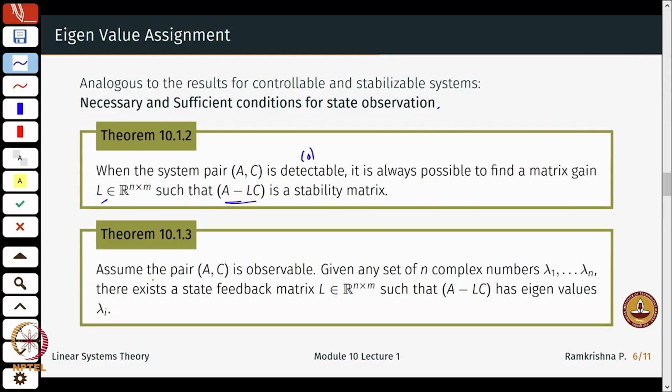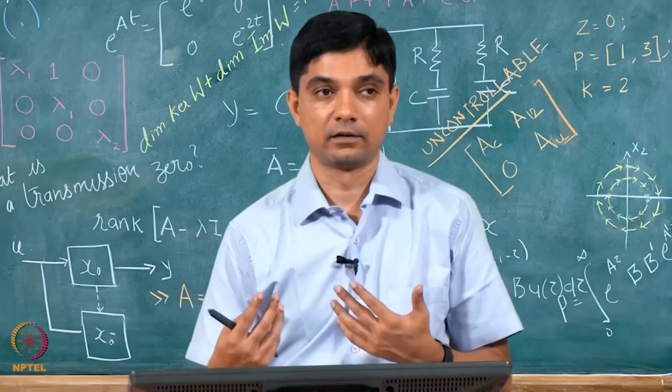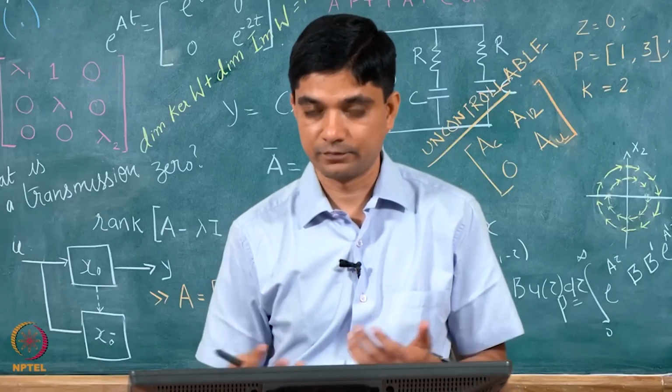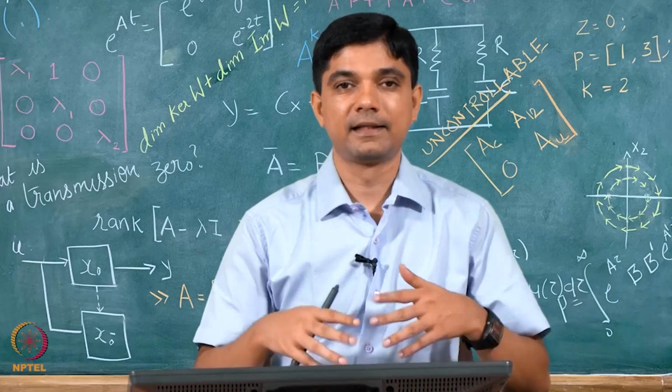If the pair AC is observable, then given any set of n complex numbers lambda 1 till lambda n, there will always exist a matrix L such that A minus LC has eigenvalues at precisely these locations. It is very similar to the pole placement problem that we saw while doing control design.